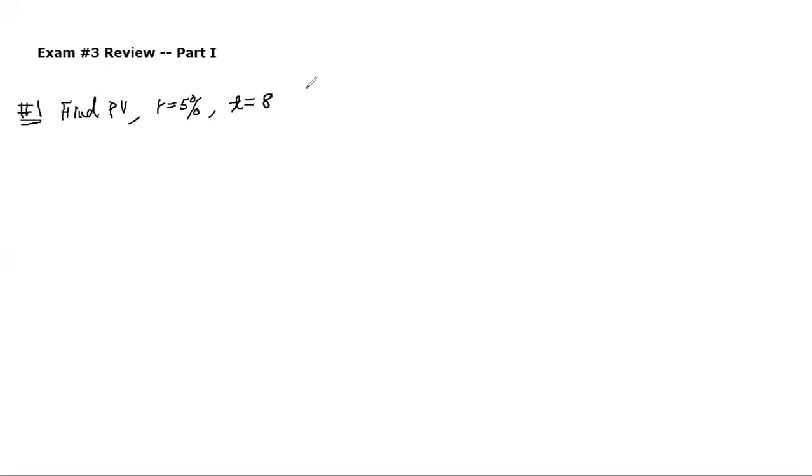So after 8 years, you want to have your value 42,000. So the 42,000 is your future value. So basically, this is what it looks like. So this is your time period, right? This is the total, this is 8 years.